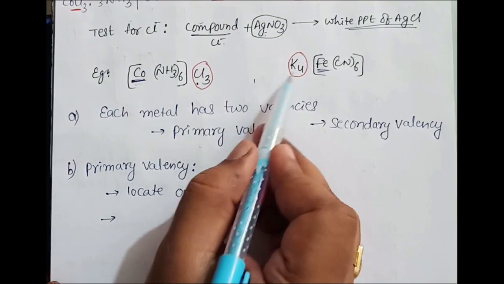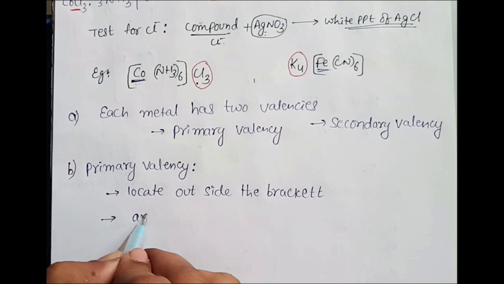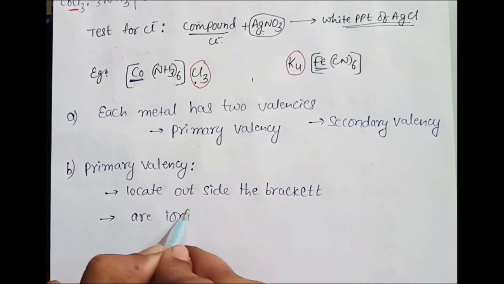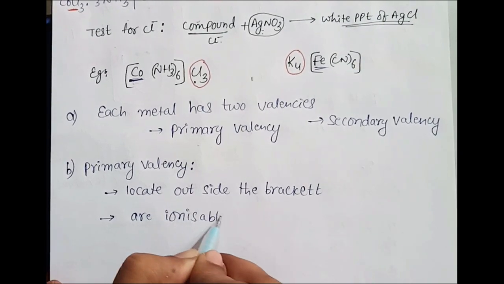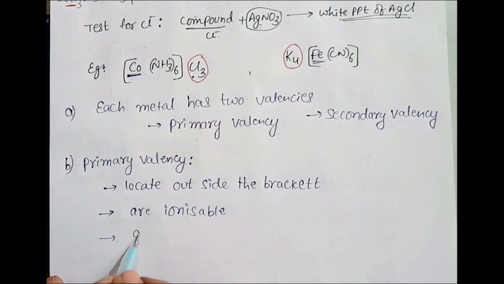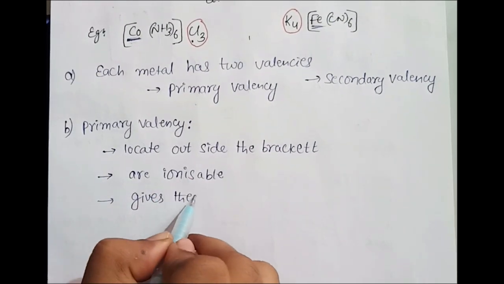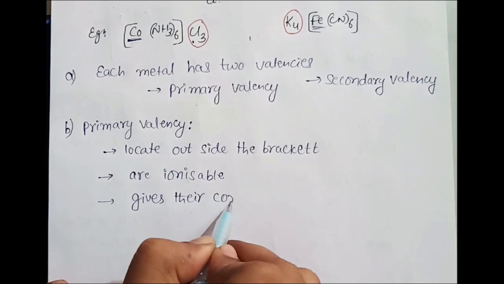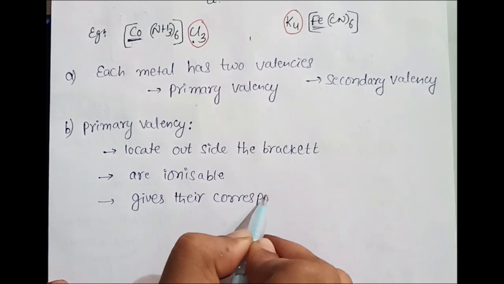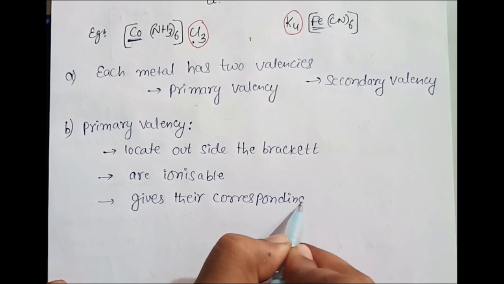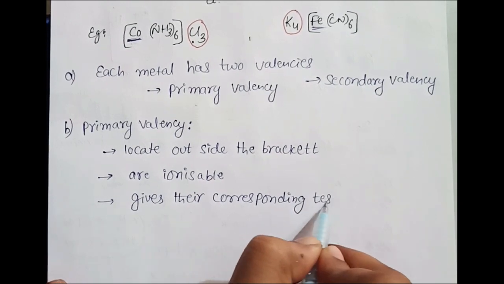Do they get separated or not? Yes, they are ionizable. Primary valencies are ionizable, so they give their corresponding test, whatever the test, chloride ion test or potassium ion test, they give the corresponding ion test.